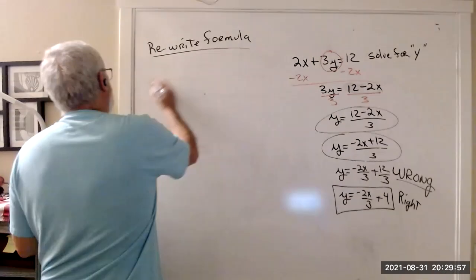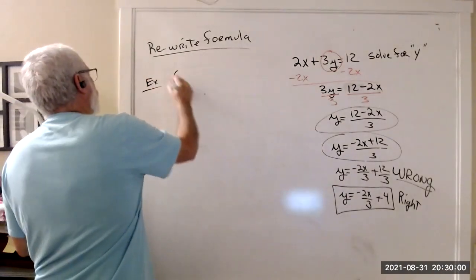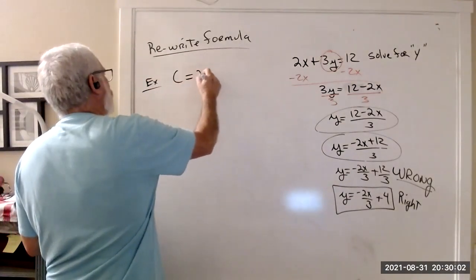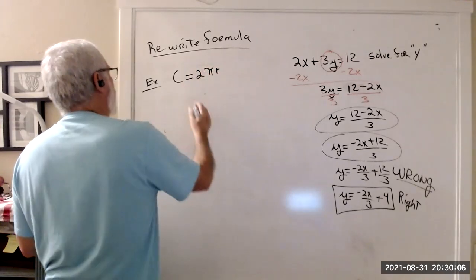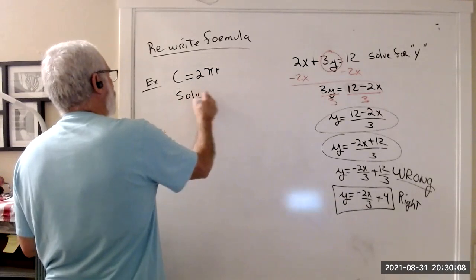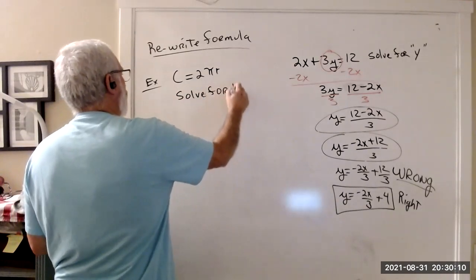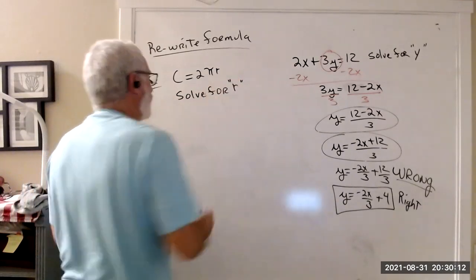Suppose for this example, circumference is 2 pi r. I want you to solve for r. Get r by itself.